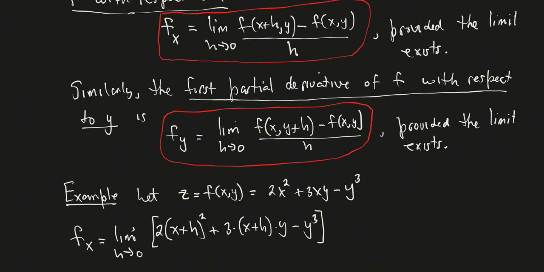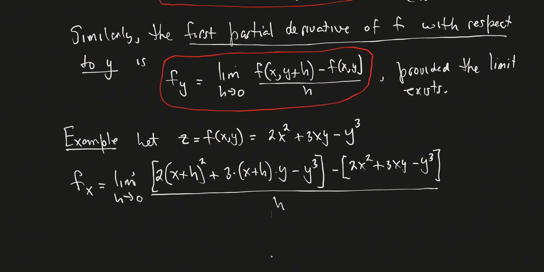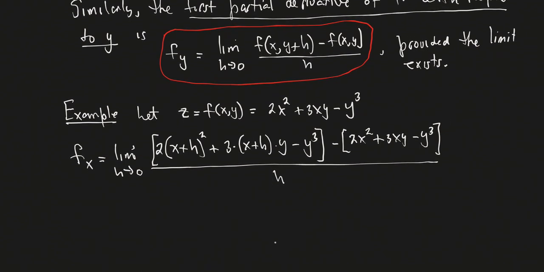Now I have to subtract my f of x, y, so my basic function, 2x squared plus 3xy minus y cubed, and then this is all over h. So that's what the setup looks like.